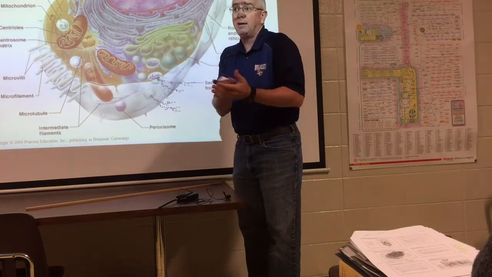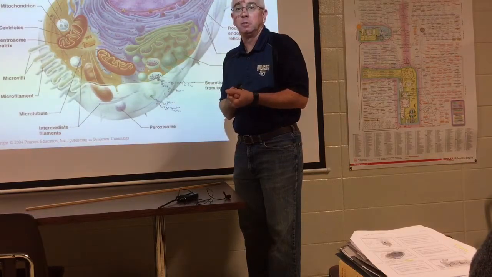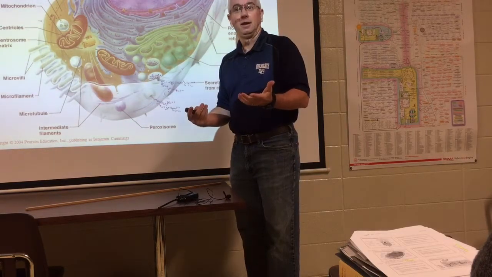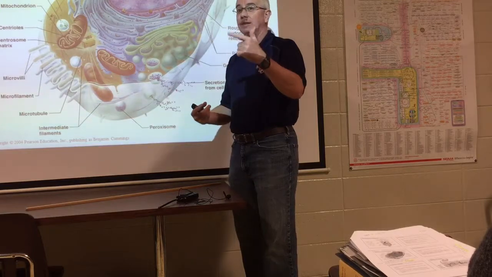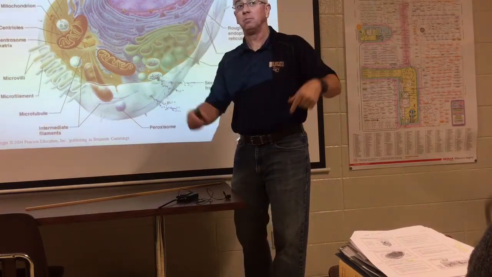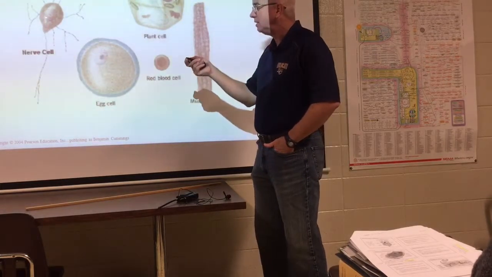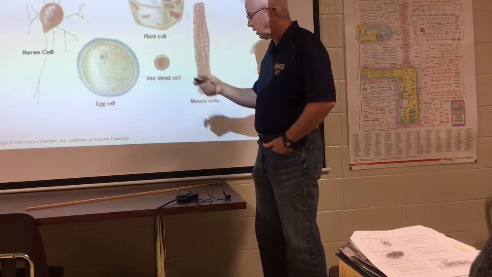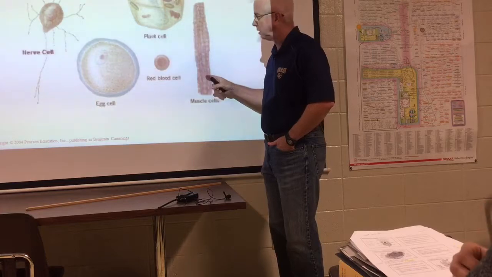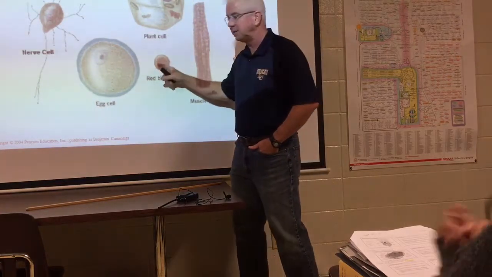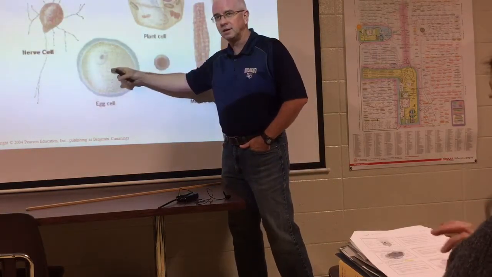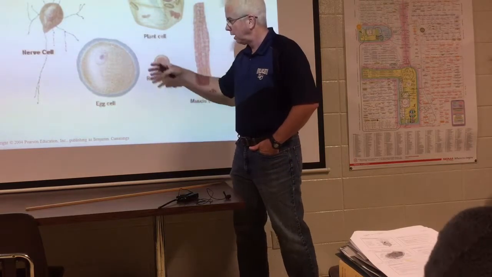We know that we have about 300 trillion cells in the human body, but they're differentiated. And I can look at cell types from all different places in your body and tell what they are, right? For example, I can easily tell the difference between a nerve cell and a muscle cell, and a muscle cell and a red blood cell, and a red blood cell and the egg cell, or an ovum, a reproductive cell.